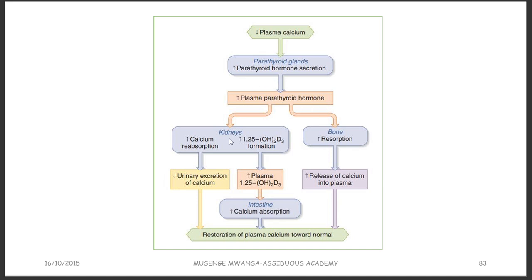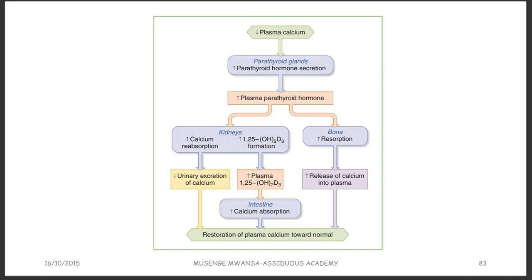The parathyroid hormone can also go to the kidney. In the kidney, it can do two things. One, it can increase calcium reabsorption. Remember the kidney, what does the kidney do? When blood goes to the kidney, the kidney makes urine. So a lot of the things which are found in blood will be removed from the blood and go into urine.